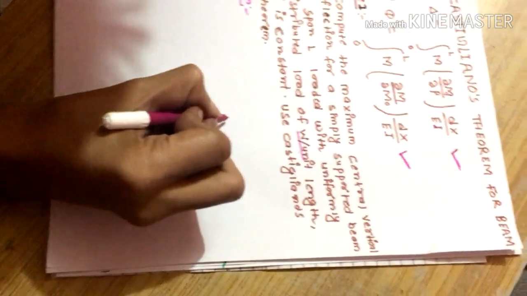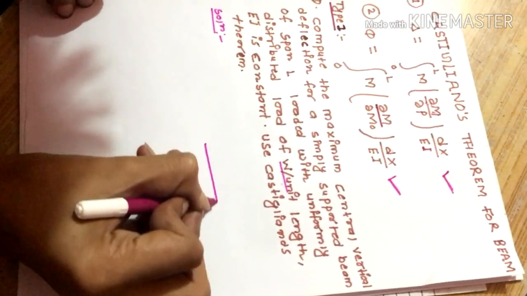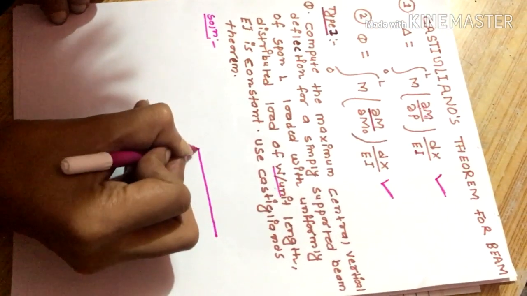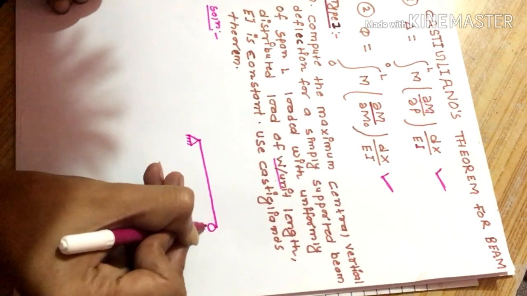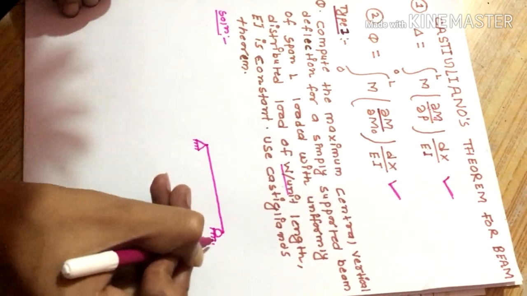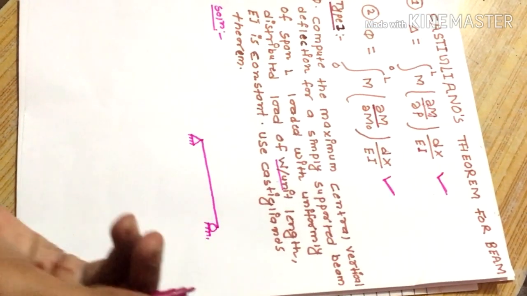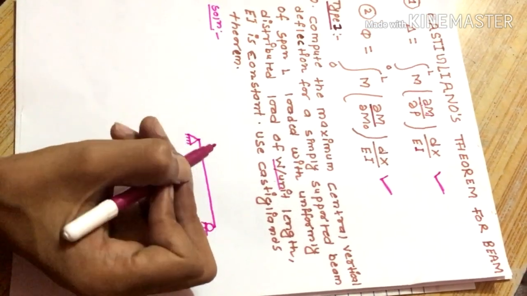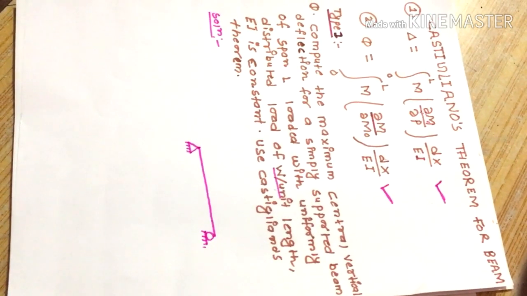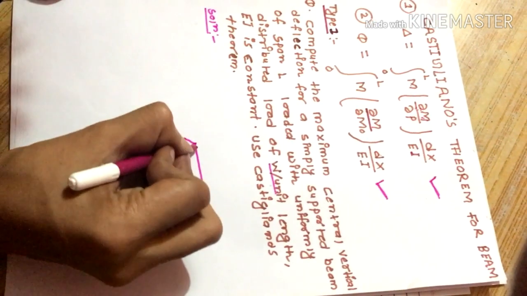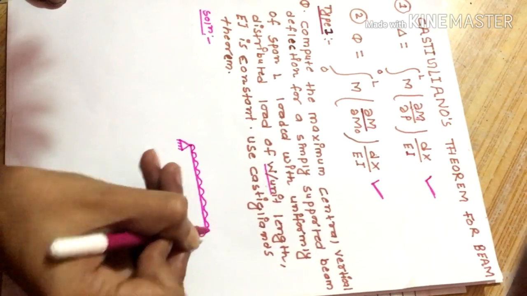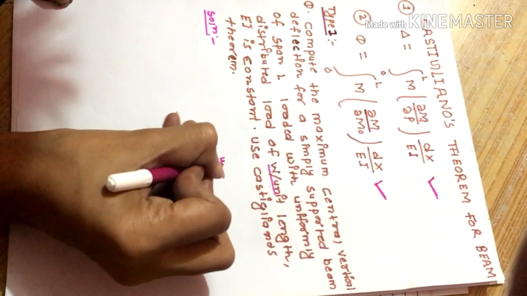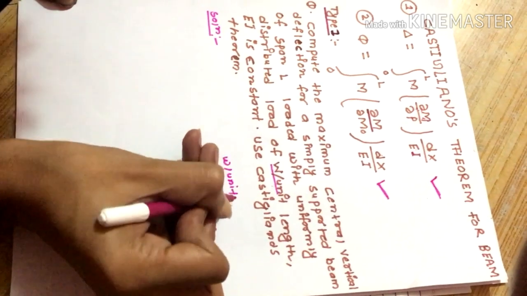In the question, a simply supported beam is given. Let us draw a simply supported beam. According to the question, a simply supported beam of length L is loaded with a uniformly distributed load of W per unit.